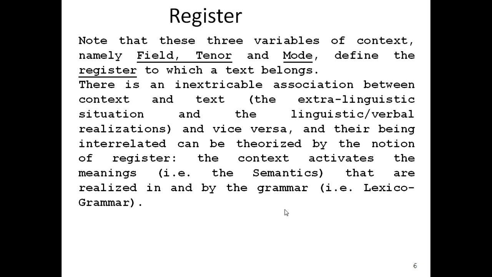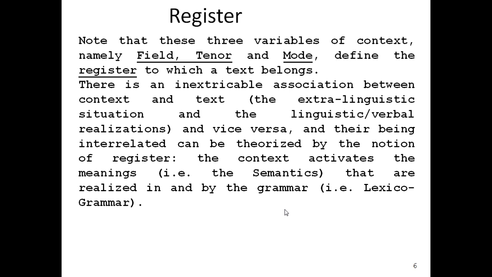Now, we've already seen that text, context, language, grammar, they all have an inextricable relation. They can't be separated. One must be analyzed with the other. There's no possibility of separating context from language, from grammar, from meaning. They're all to be seen against the same backdrop in functional grammar.